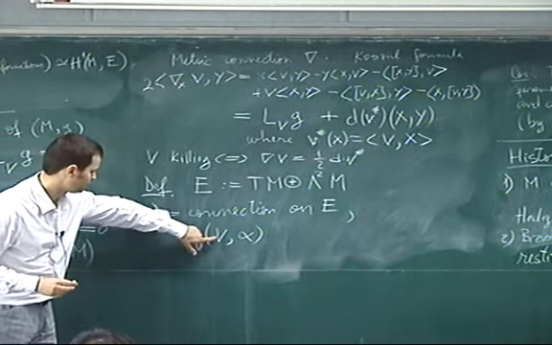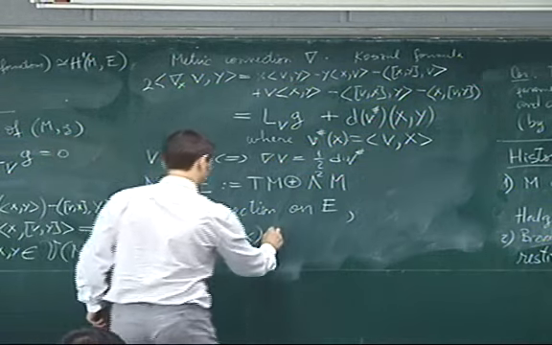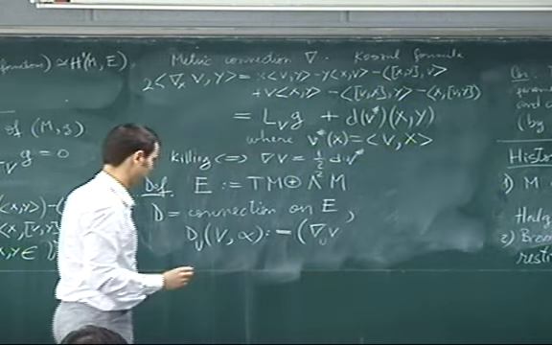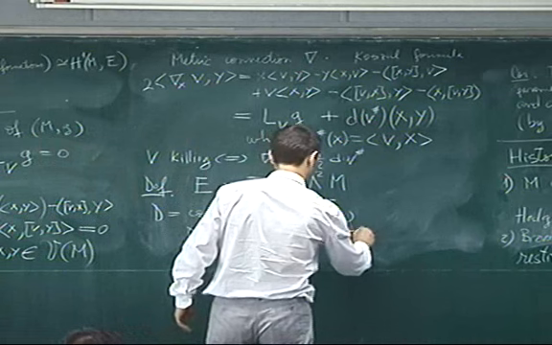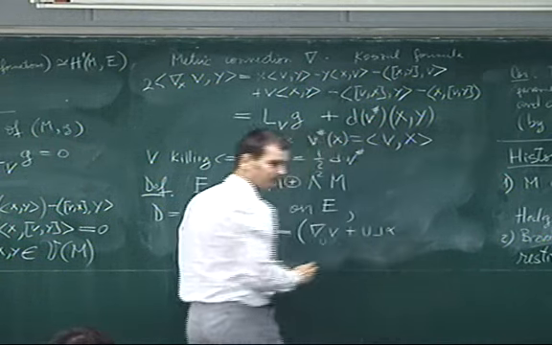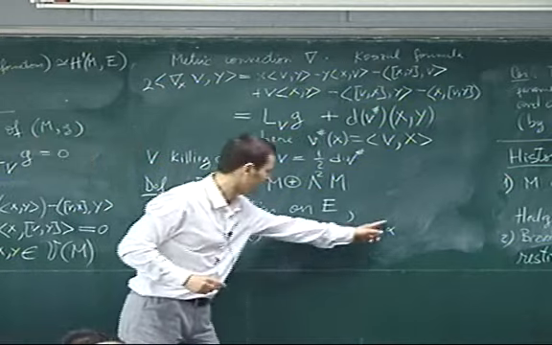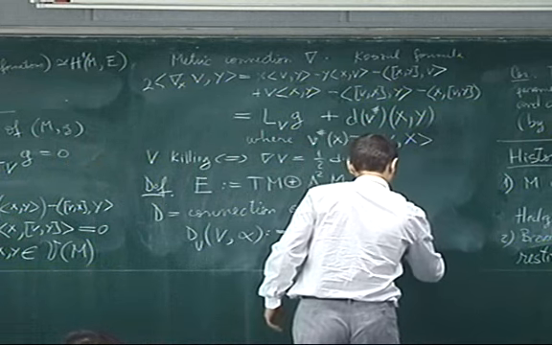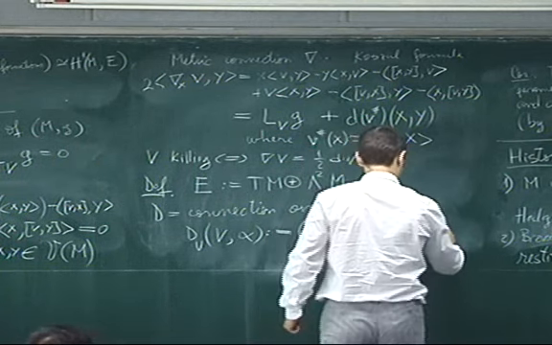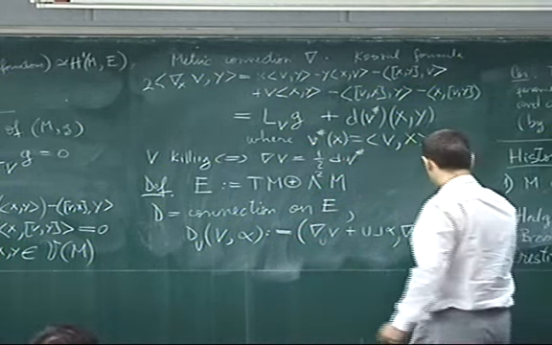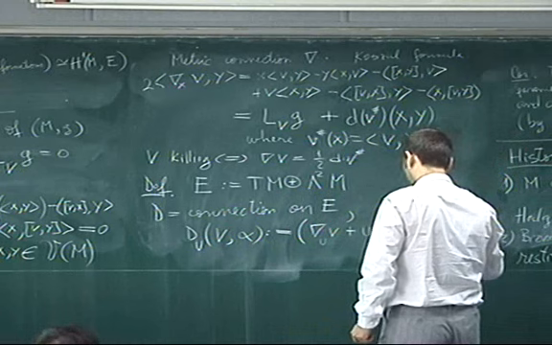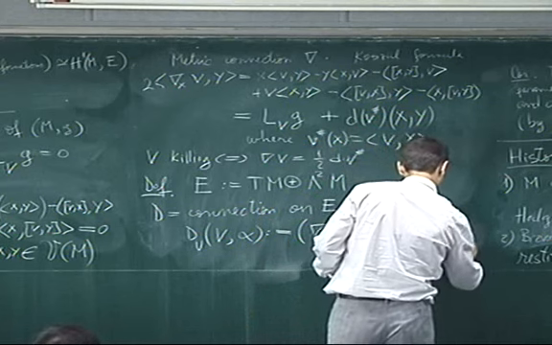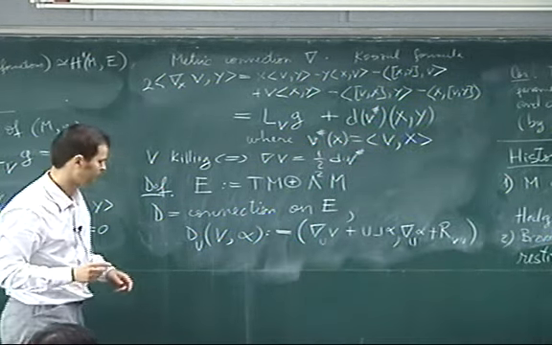The covariant derivative of a pair made by a vector and a two form is by definition nabla_U V plus U contracted by alpha. In the Riemannian setting, this one form is identified with a vector. And nabla_U alpha plus R(U,V). I hope I got the sign right.